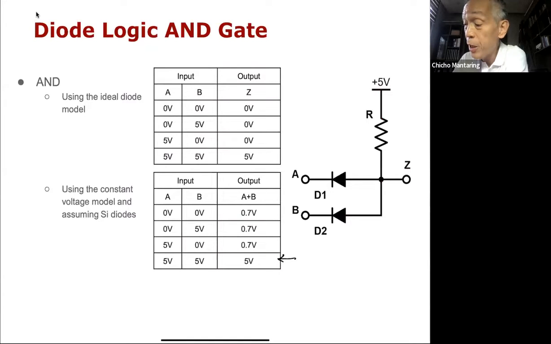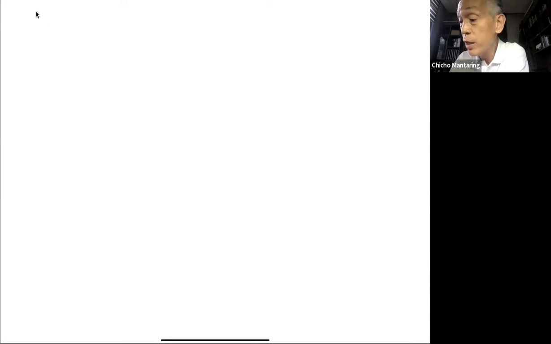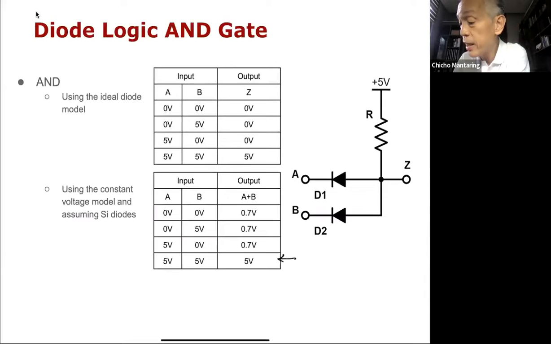Now, what happens when any of these becomes 0? So let's say this combination, 5 and 0.